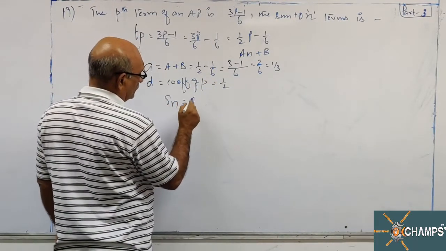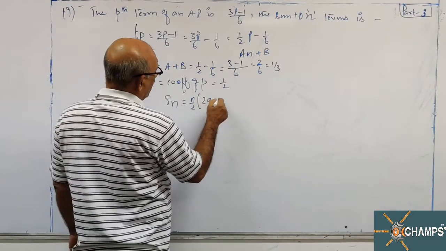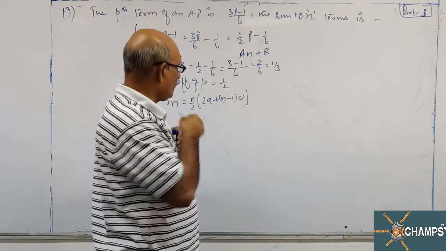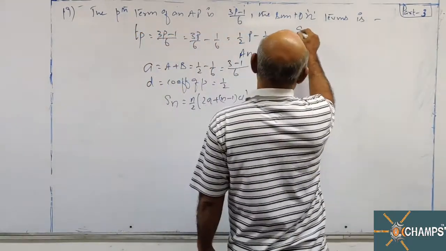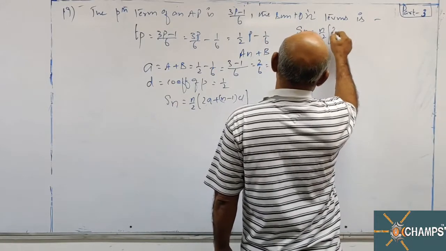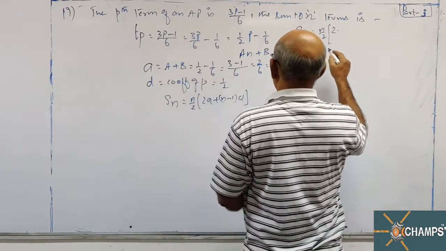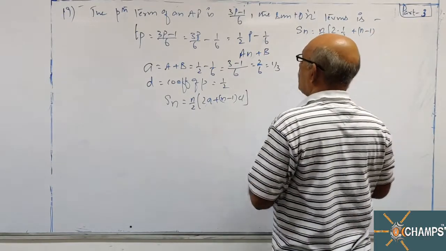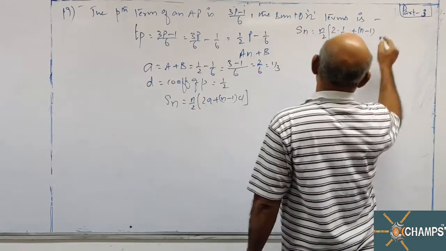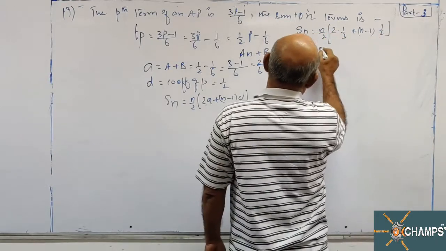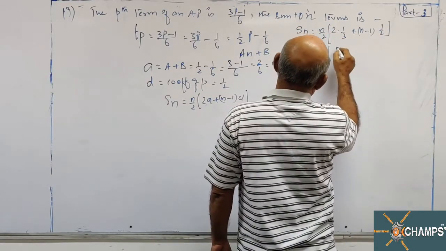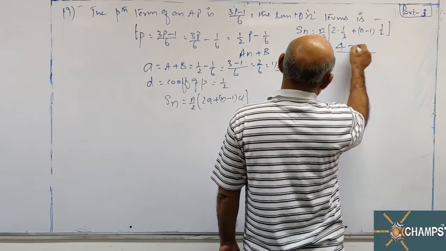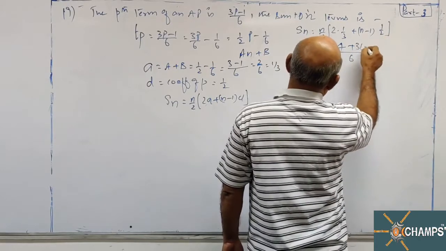Sn is equal to n by 2 into (2a plus (n minus 1) d). So Sn is equal to n by 2 into 2a, 2 times a value is 1 by 3, plus (n minus 1) into common difference 1 by 2. So n by 2 into, when I take 6 as LCM, 3 will go 2 times, 2 2s are 4, 2 will go 3 times, 3 into (n minus 1).